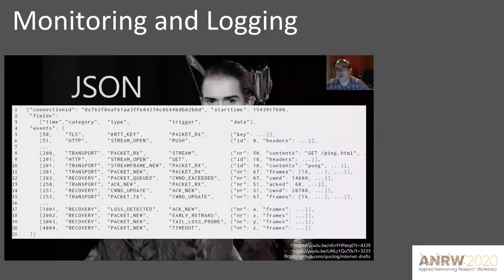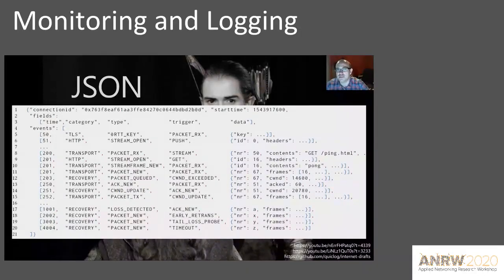To give you an idea what QLOG looks like in JSON, it's really quite straightforward. Every event simply has a timestamp and a category and some event metadata associated with it. Now, we thought it was a good idea, but let me be honest, we didn't actually think anybody was going to implement this just to make use of our tools.